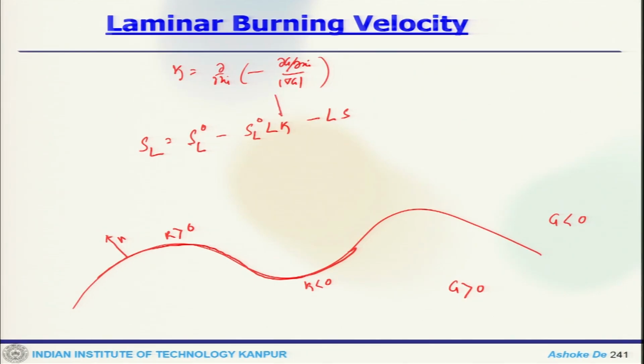This is how the kappa is modeled, and these two terms one can think of as uncorrelated laminar burning velocity contributions.